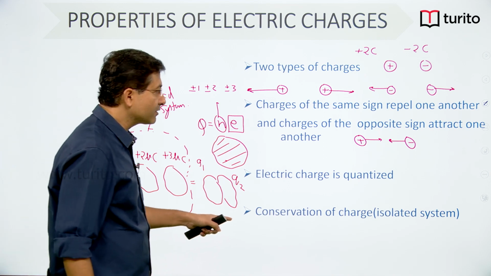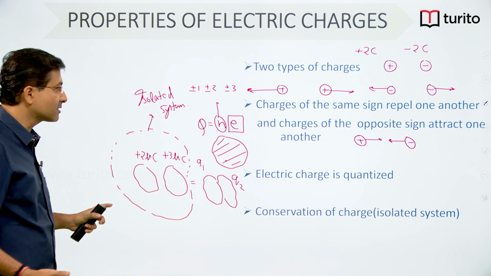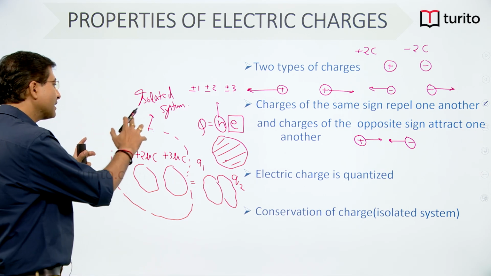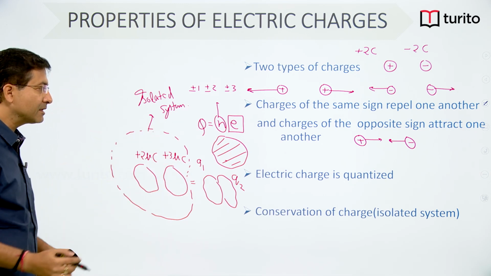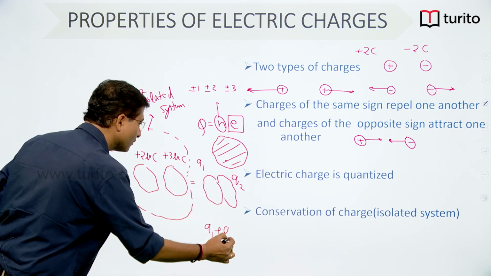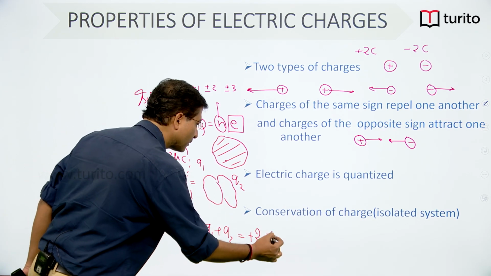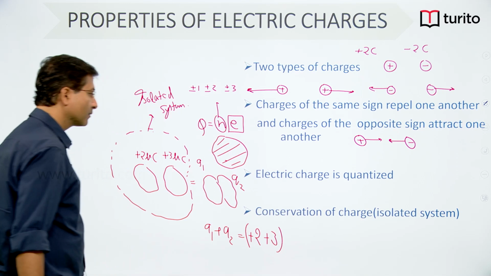So according to conservation of charge, for an isolated system, the total charge on the system remains the same. That means after joining them, q1 plus q2 must be equal to this 2 plus 3 microcoulomb.